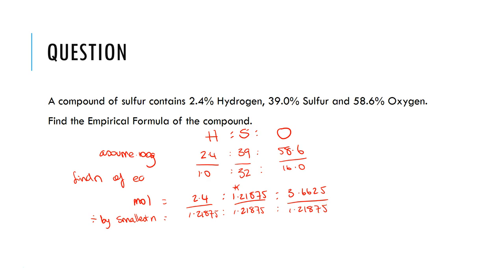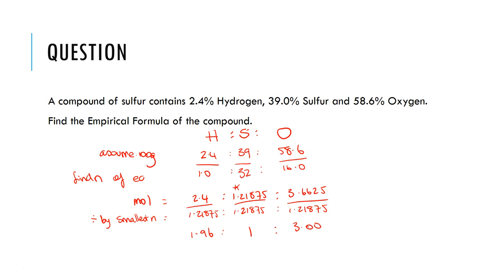We're going to get 2.4 divided by 1.21875, which is 1.96, and then we're going to get 1, and then 3.6625 divided by 1.21875, and we're going to get 3.00.